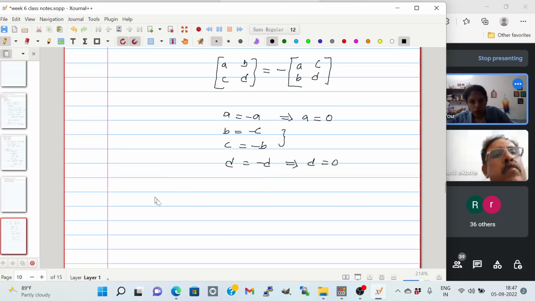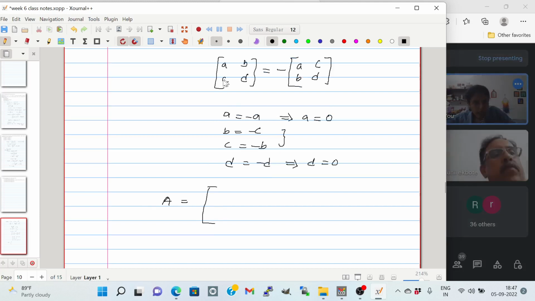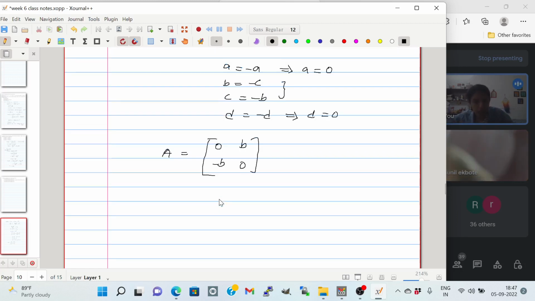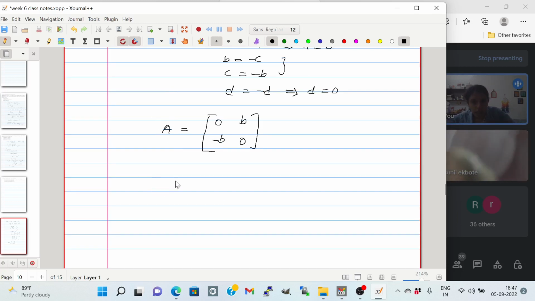So A should be in this form. We got A is 0 and D is 0. If I take one B, then C depends on this B, and C is minus B. That means we have only one variable here, because A and D are 0 and B is the negative of C. If A is in this form, then only we get T of A equals 0.